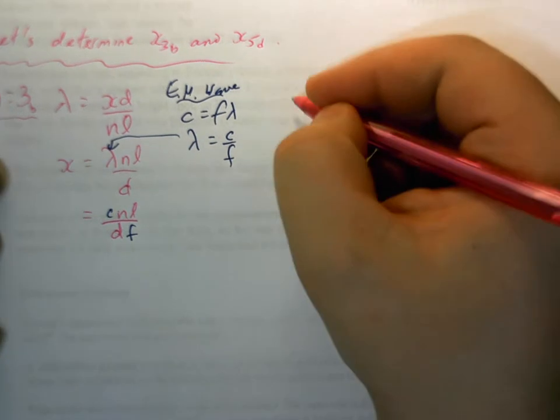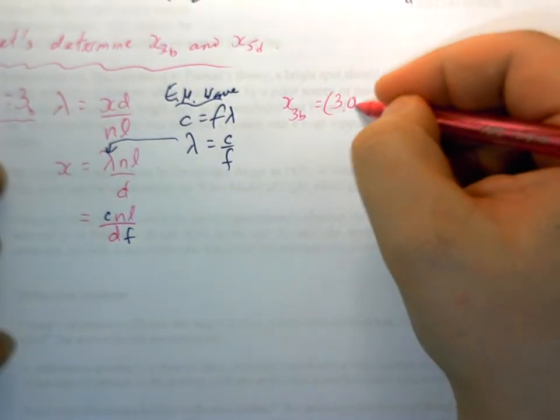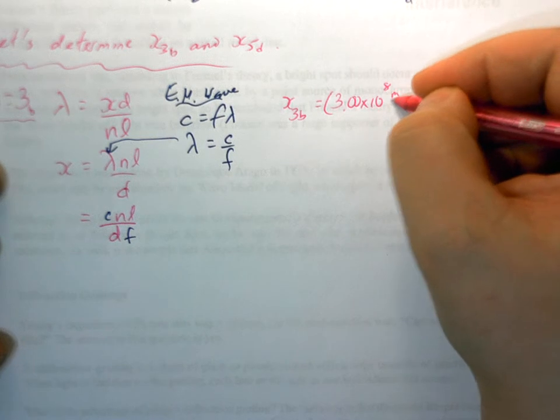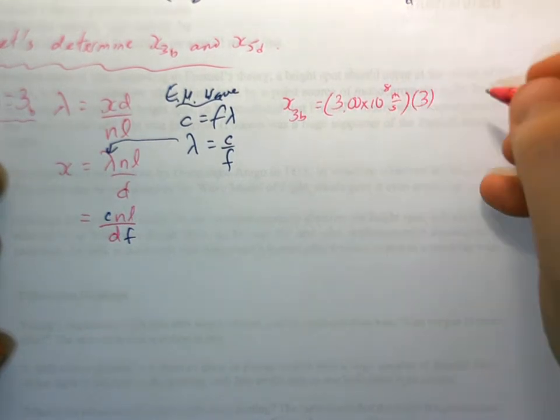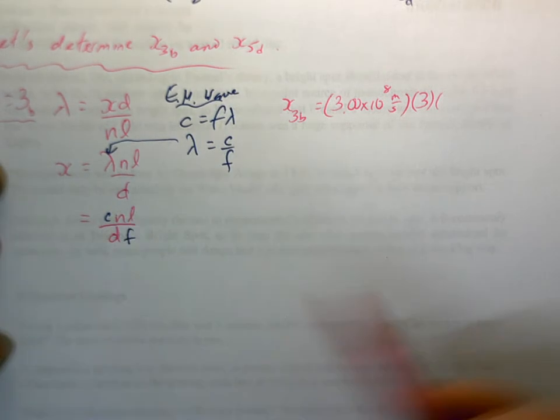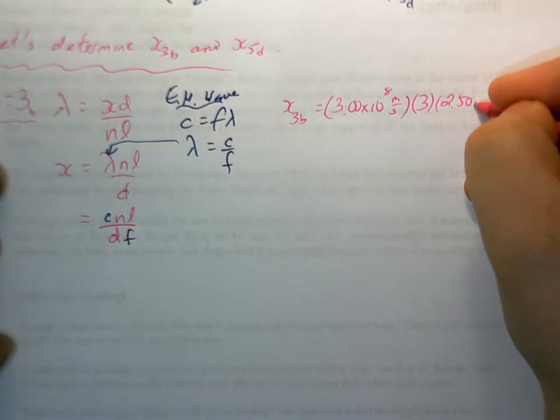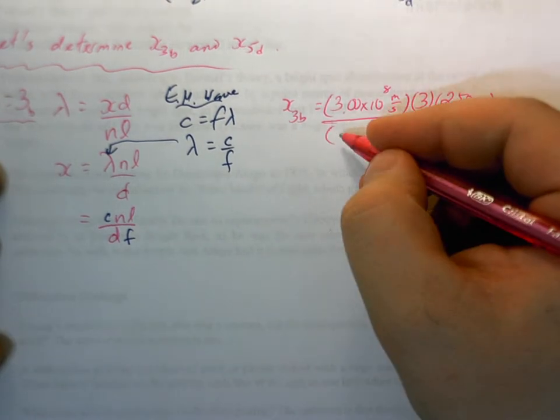All right, so to find that distance, that x3 bright, we have the speed of light, that 3 times 10 to the 8 meters per second. We have the fringe we're looking at, the third fringe. We want this length here, the distance between the grating and the screen, so that's the 2.50 meters. And then we're going to divide that by the distance between the slits.